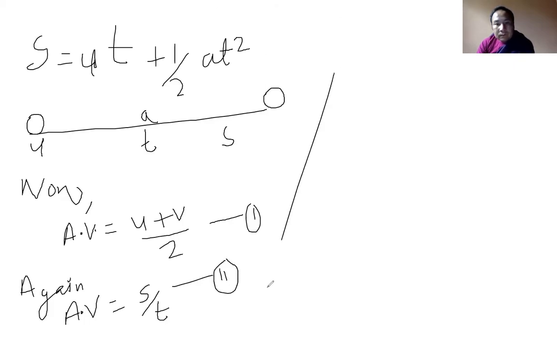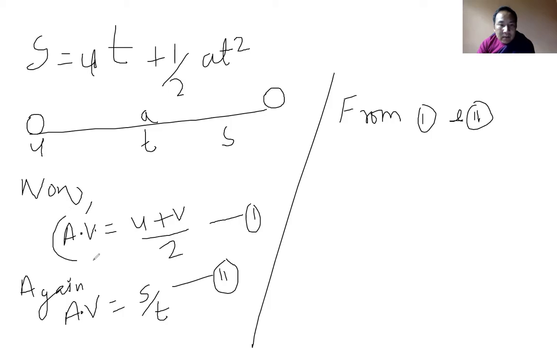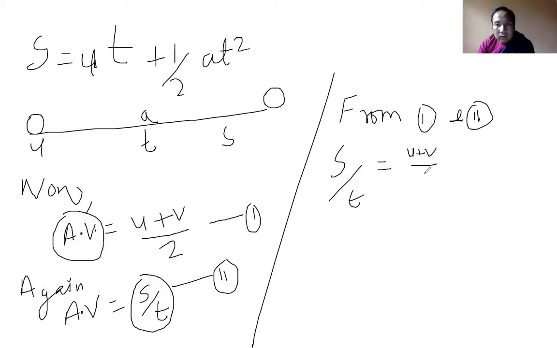Now from 1 and 2, average velocity is equal to u plus v by 2, and average velocity equal to s by t. That means in place of this average velocity, we can put this value. So s by t equal to u plus v by 2.